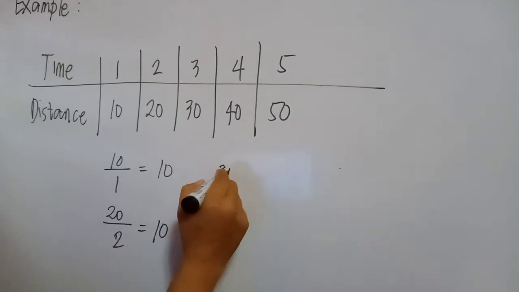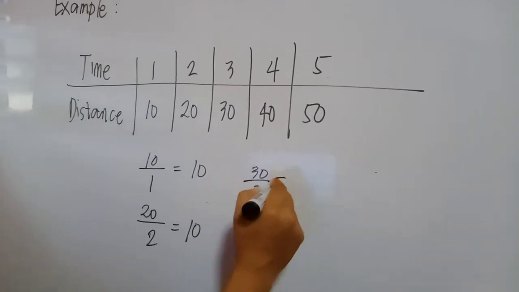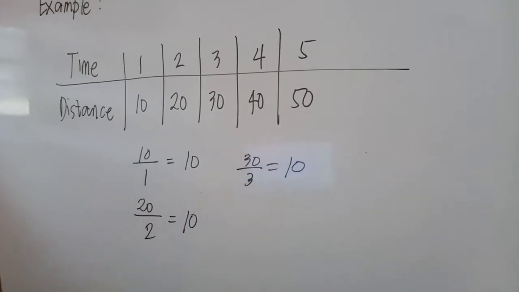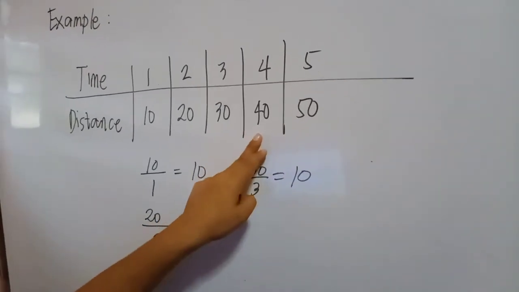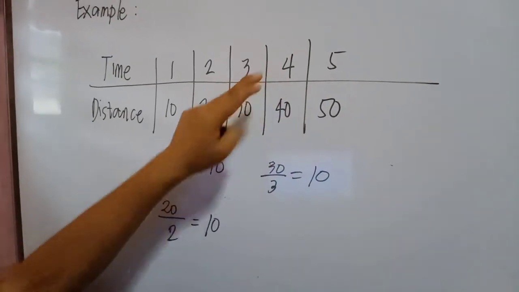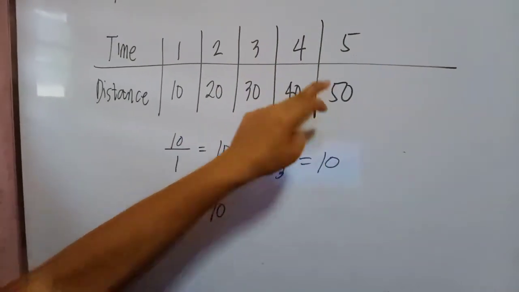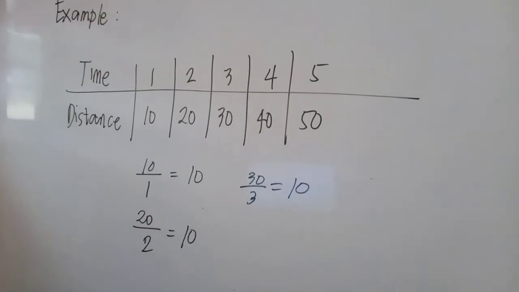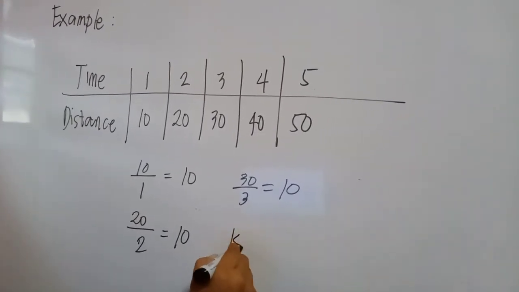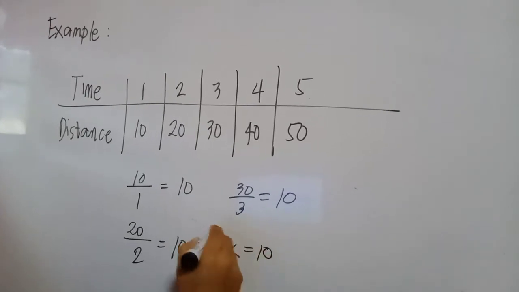And 30 over 3 is 10. Okay, so it's very clear. Even if we continue, 40 divided by 4 is 10, 50 divided by 5 is 10. So the constant of the variation k is equal to 10.